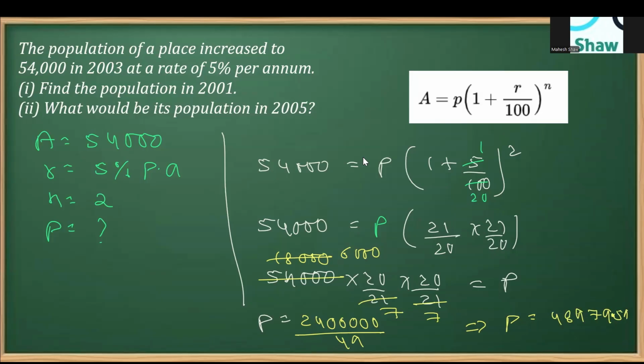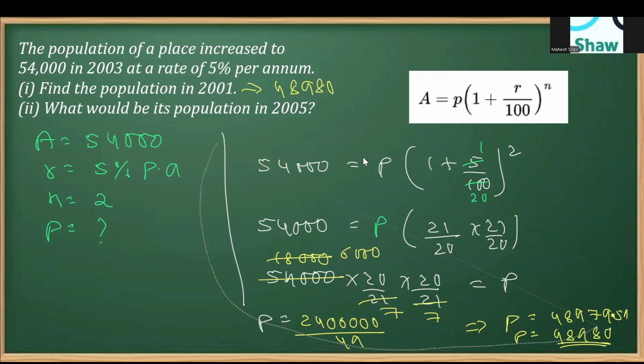But then population cannot be in decimal. On rounding off, you may get this as 48980. So we'll say that the population in 2001 is 48980. So this is how we will determine the population.